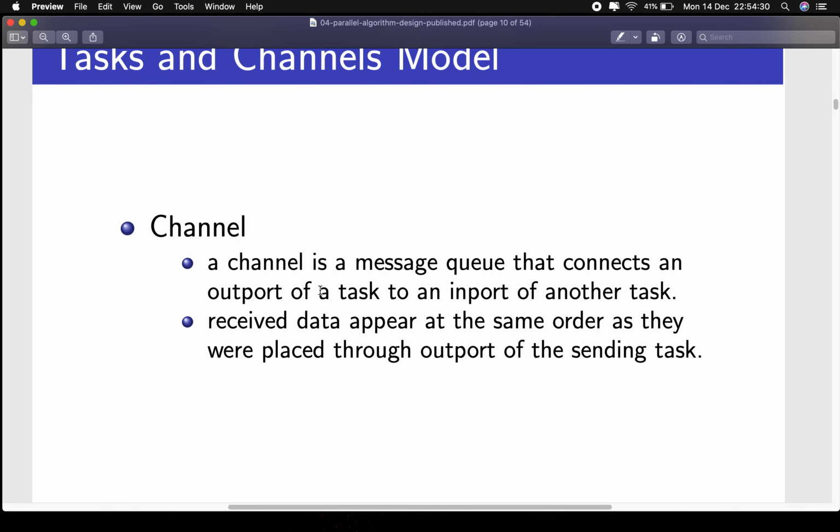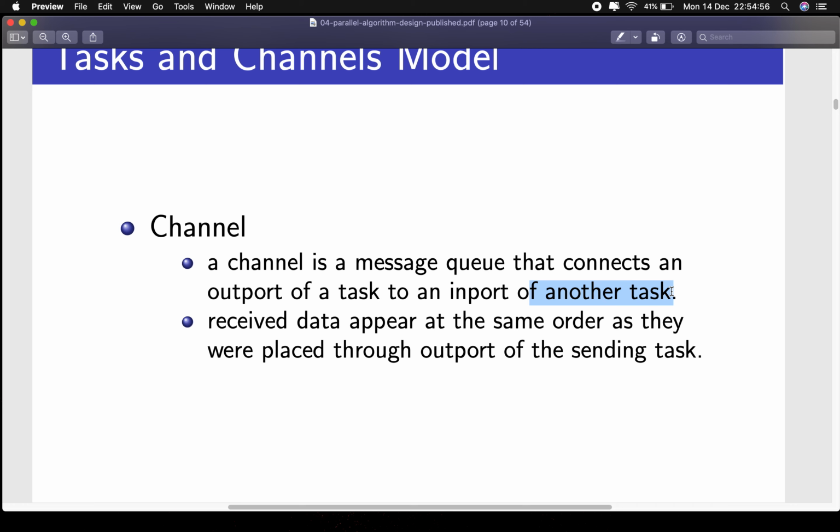Next, a channel. A channel is a message queue that connects an output of one task to an input of another task. Of course you will have a sequence in connecting all your messages. Let's say you want to open some program, you need to have a queue.